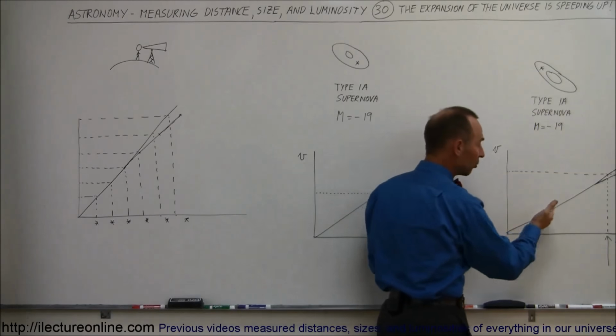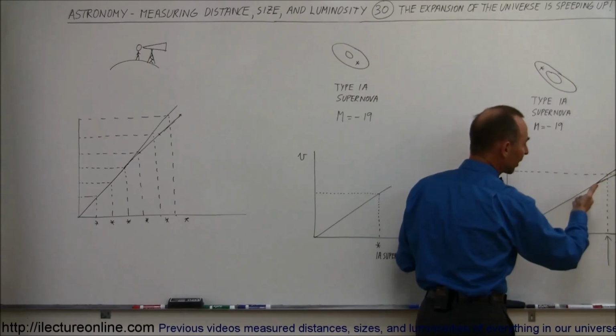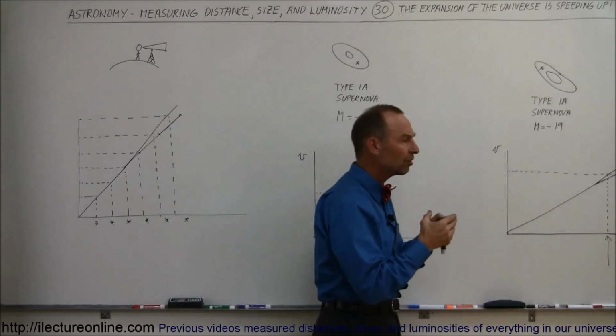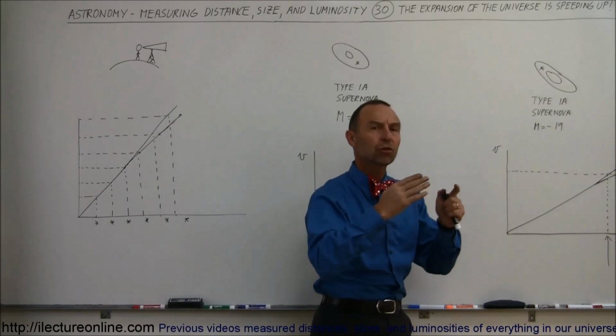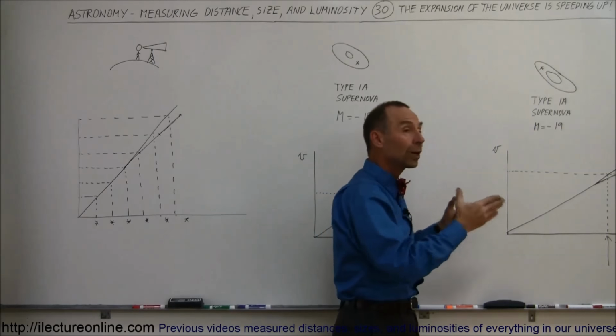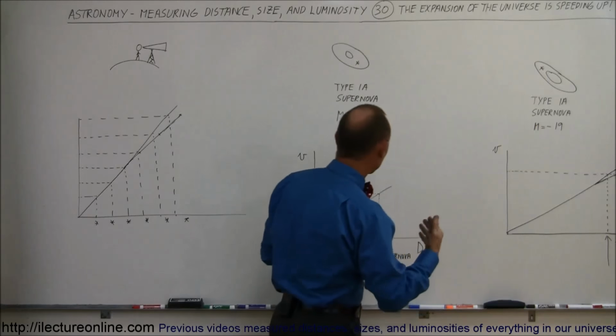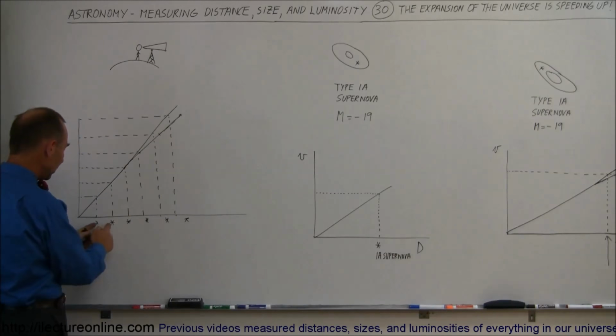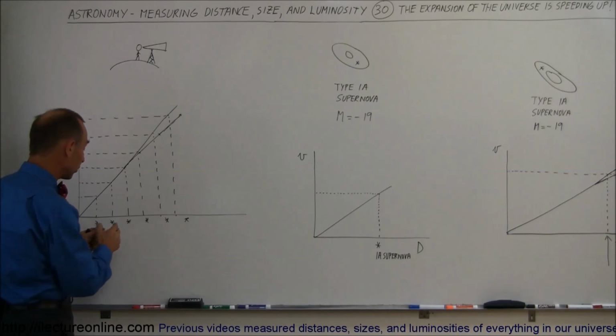So it looked like the Hubble constant wasn't constant all the way through, that it was actually declining. The Hubble constant was smaller, which means that the universe was expanding more slowly in the past and expanding more quickly today. If we continue looking at galaxies further and further away, initially the distance determined by the Hubble constant matched the distance as determined by the supernova explosion.